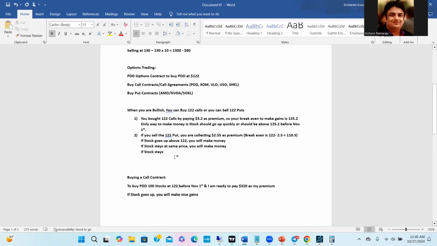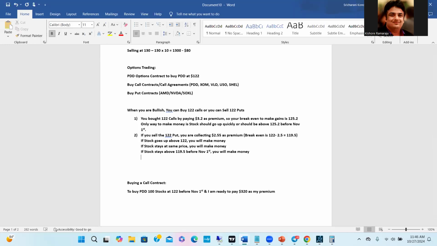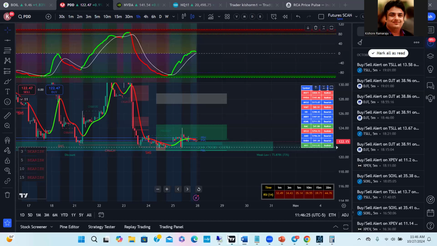If stock stays above 119.5 before November 1st, you will make money, right? So if it goes up, you will make money, right? It is like you sold an insurance, nothing happened to him.